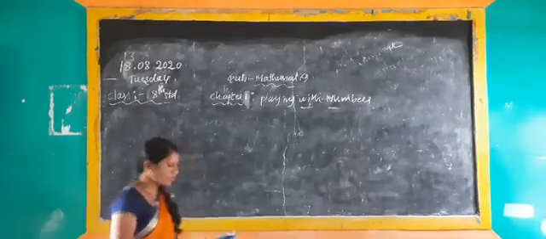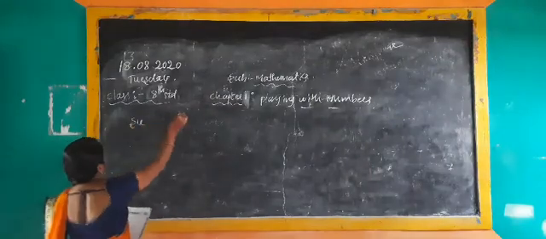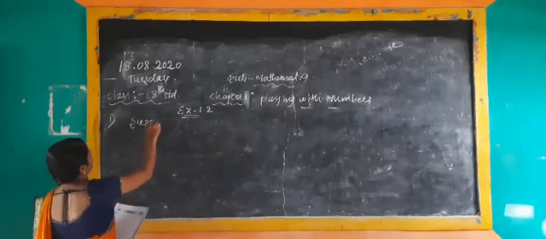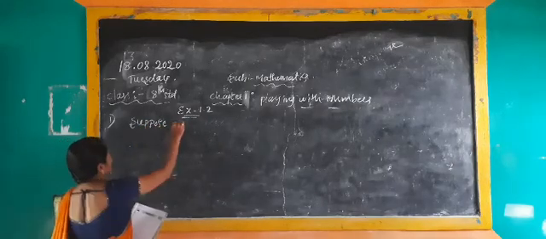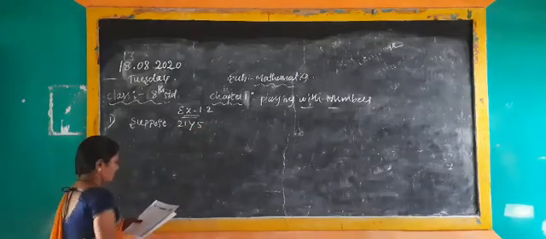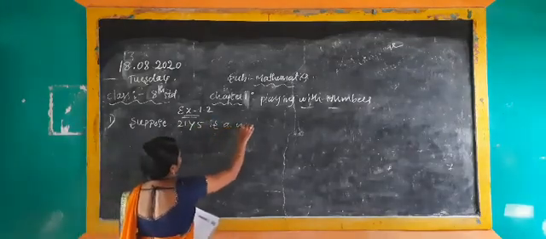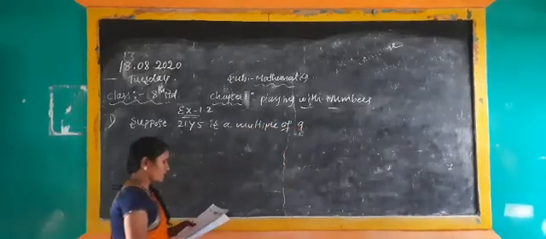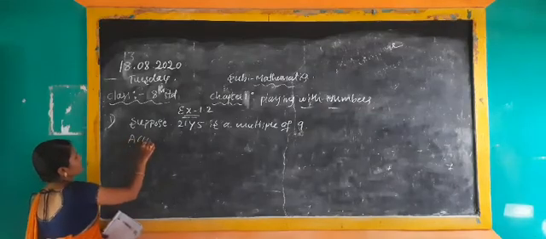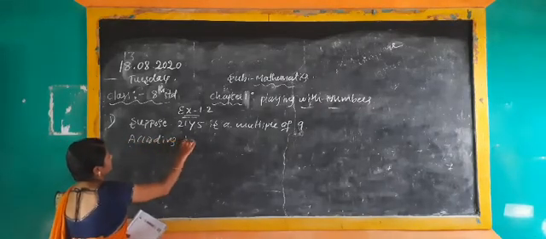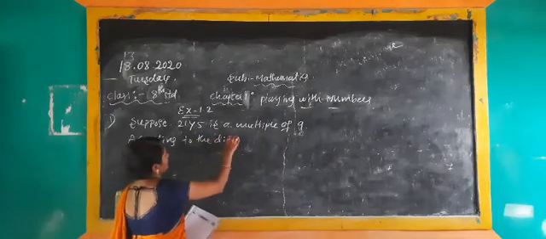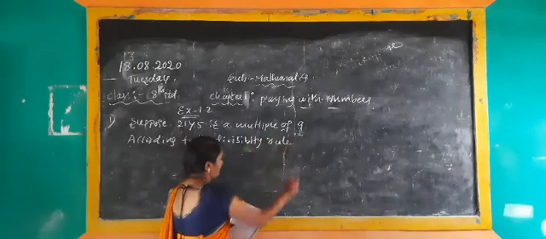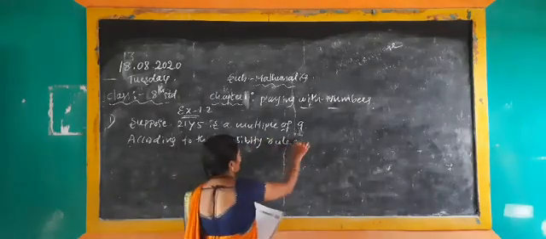Take that. Suppose, exercise 1.2, first one. Suppose 21y5 is a multiple of 9 according to the divisibility rule. What is there according to the divisibility rule of 9?